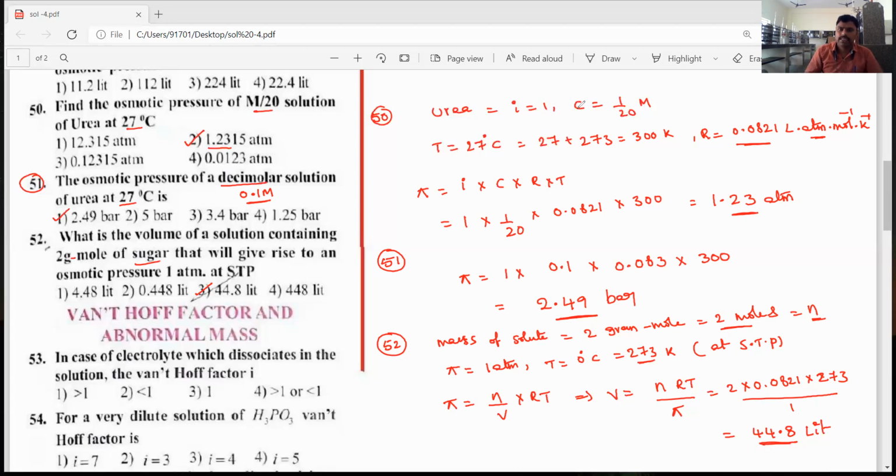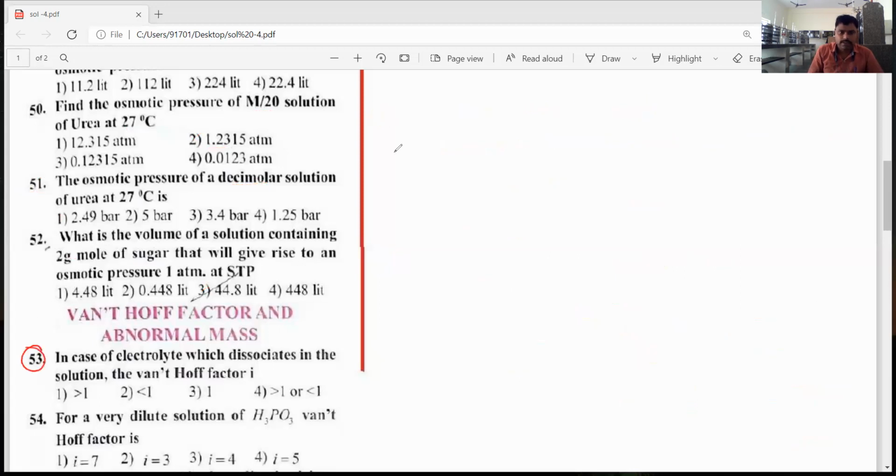Okay, dear students, let's see the 53rd question. The given 53rd question, already we know, is theoretical only. If the electrolyte dissociates, then the Van 't Hoff factor, in case the solute undergoes dissociation, the i value should be more than 1.